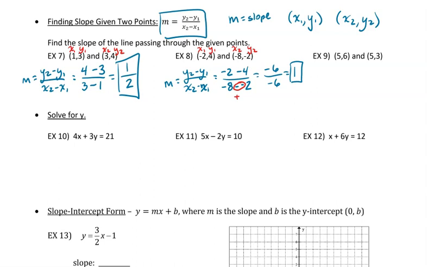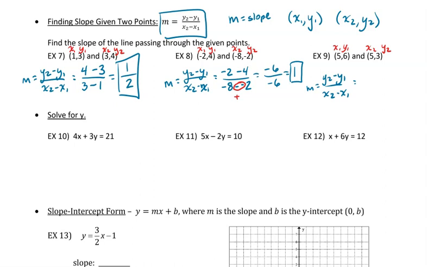All right, number 9. So if I go ahead and label these, we have m equals y2 minus y1 over x2 minus x1.